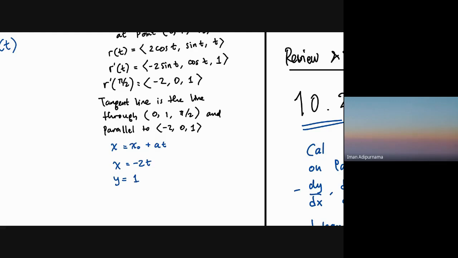Plus 0. And z will be pi over 2 plus t, right? And this is the parametric equation.